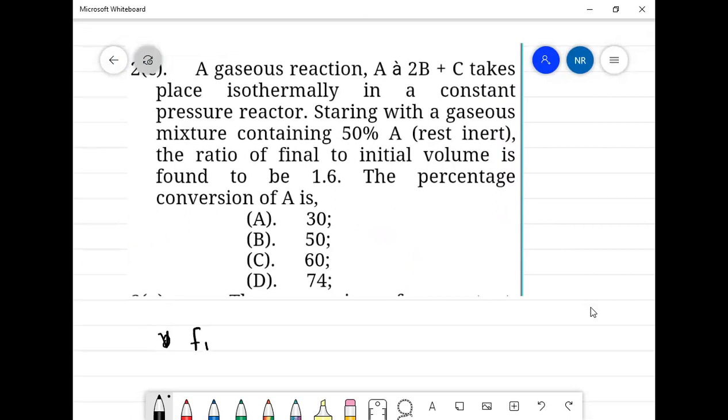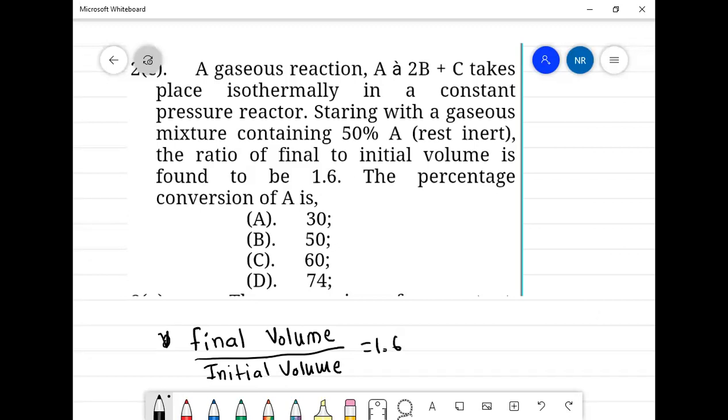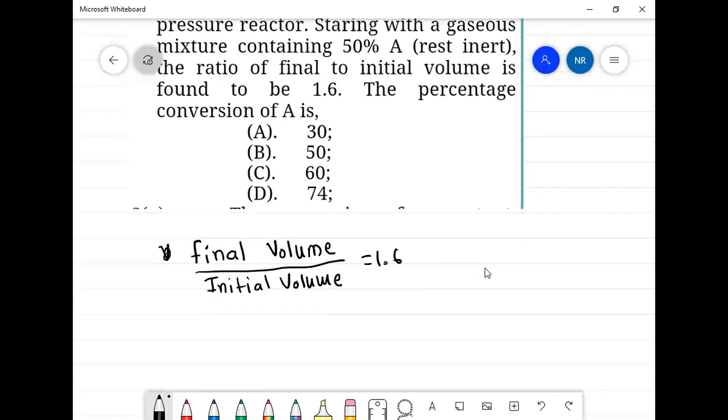Final volume divided by initial volume is equal to 1.6. So we can say V final divided by V initial is equal to 1.6.